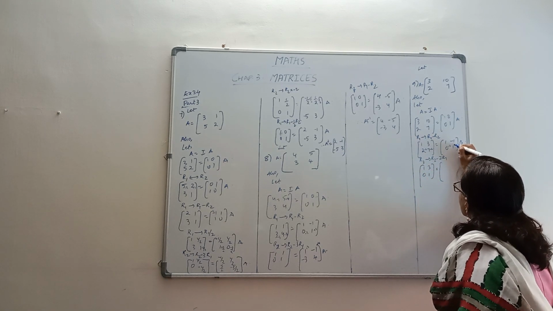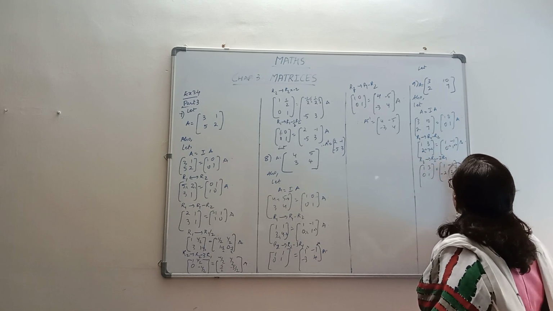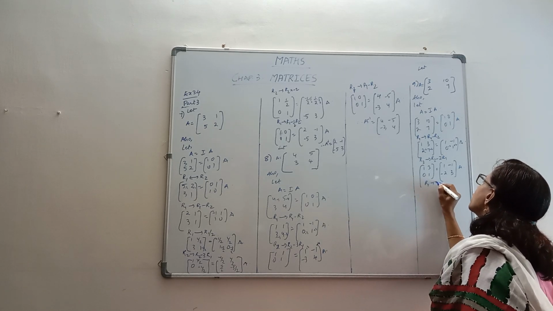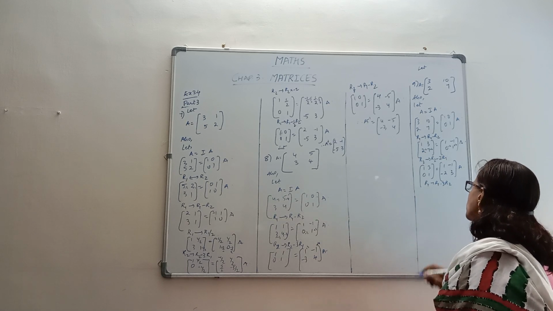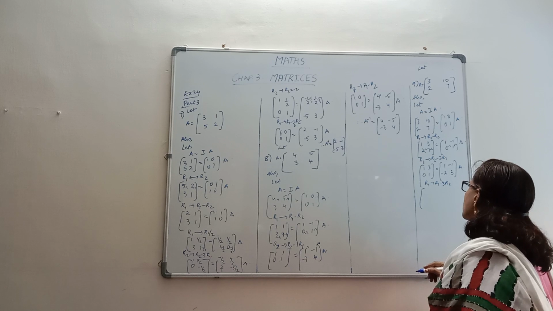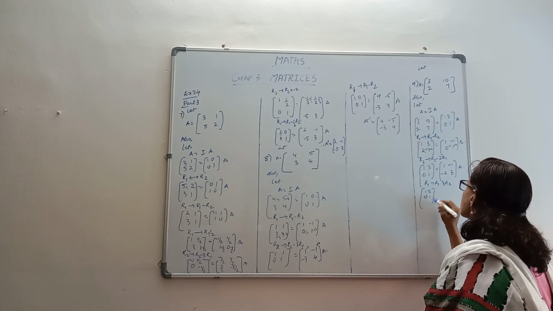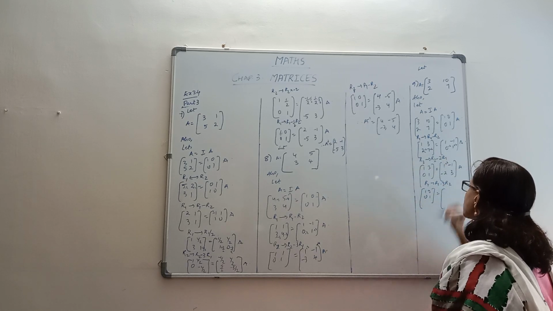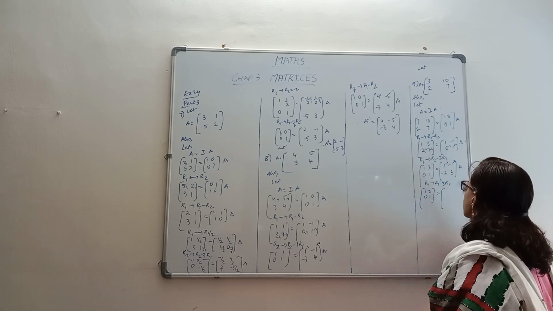Minus 2 plus 2, so minus 2 3 8, so R1 becomes R1 minus 3 R2, so that will be 1 0 0 1, minus 3 R2 means plus 6, minus 3 R2 means minus 9.